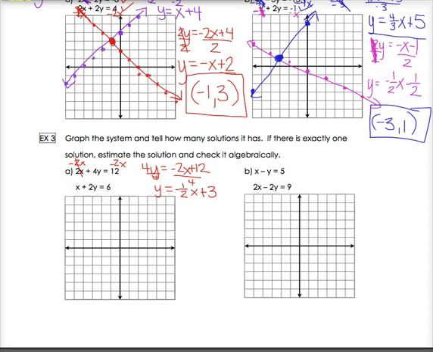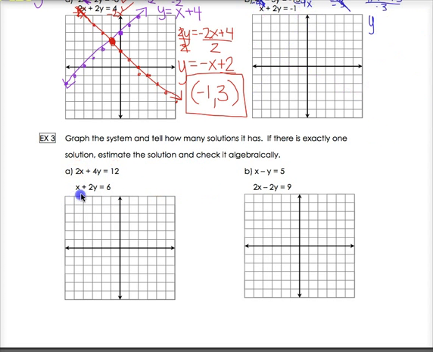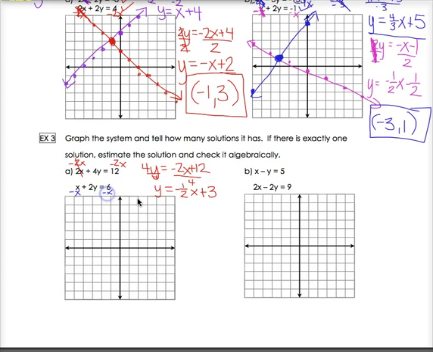My second equation, I would subtract x first. So that would give me 2y equals negative x plus 6. Then I would divide by 2. y equals negative 1 over 2 is negative 1/2 x, 6 divided by 2 is 3.